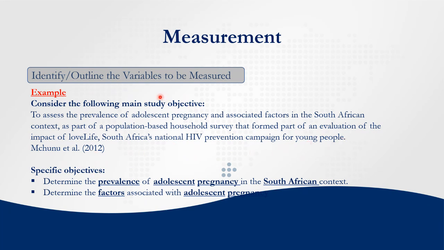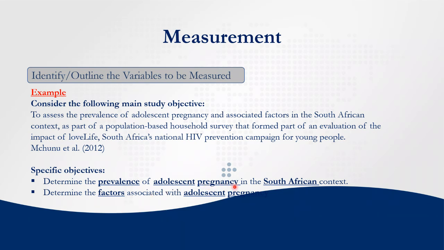The article itself didn't have specific objectives, but from the article I came up with these two specific objectives, one of which was to look at the prevalence. I always advise that you must highlight the keywords that are going to assist you to unpack the study, and use them to see what variables go with prevalence.